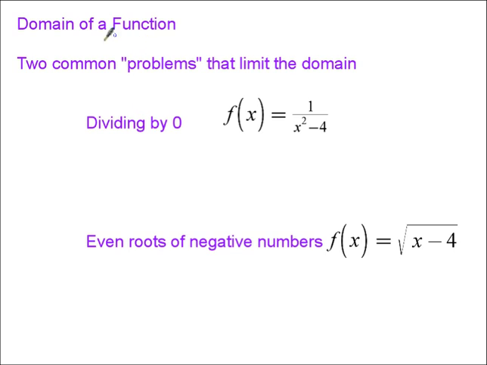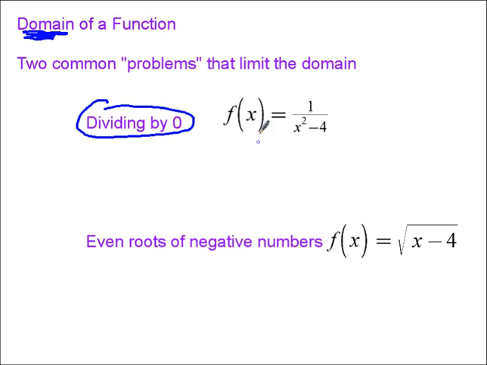Alright, we also talk about the domain of a function. The domain of a function is all possible input values. Normally we don't have too many issues defining the domain, but there are a couple cases where my domain is limited. In this case, dividing by 0 causes an issue with my domain.